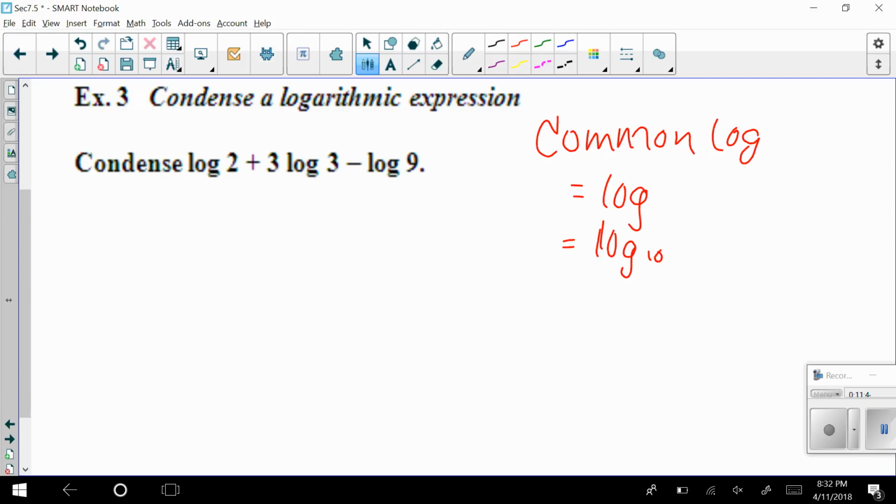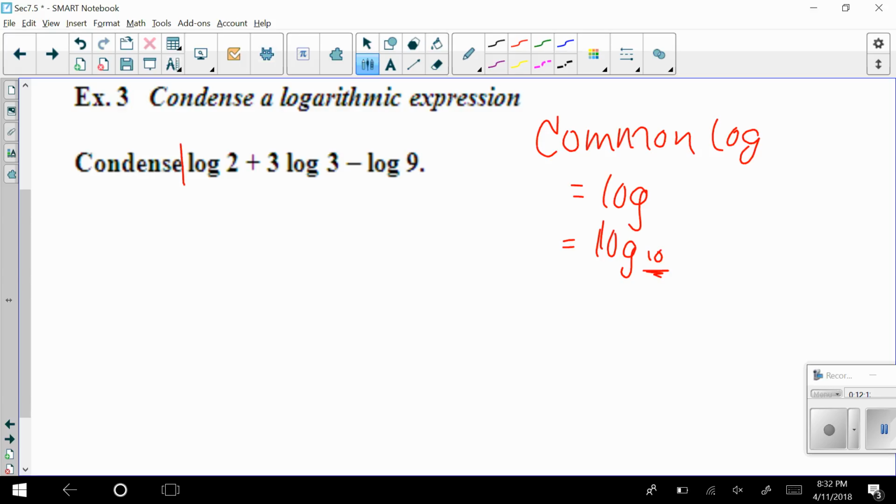Okay, so again, since there's no base that's indicated, we're using the common log here. So here we have common log of 2 plus 3 times common log of 3 minus common log of 9. So we're going to condense all of these.